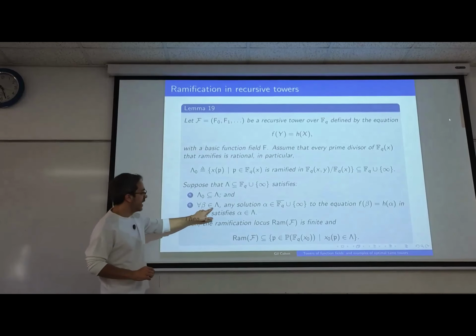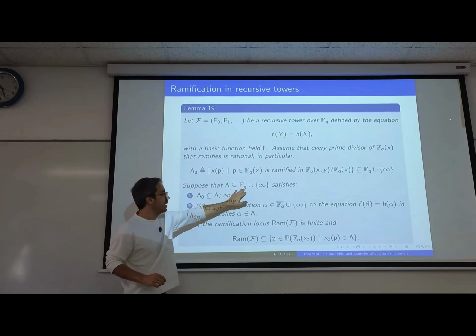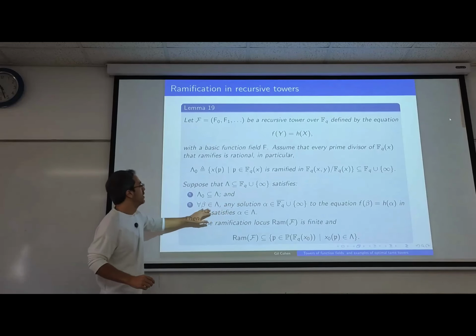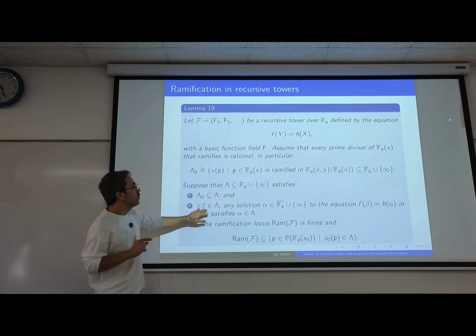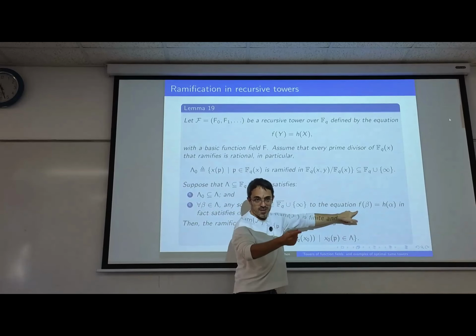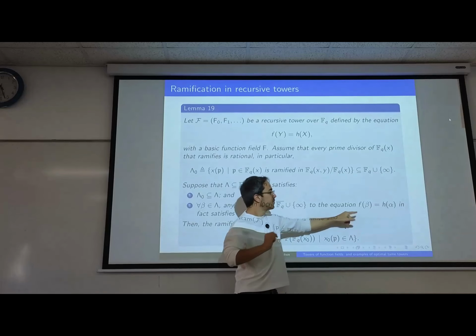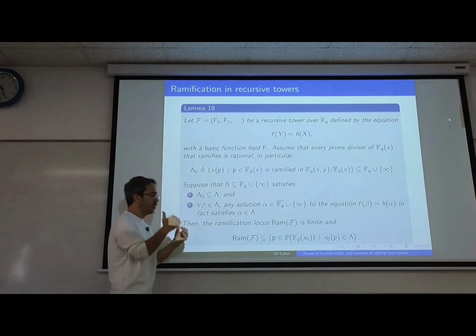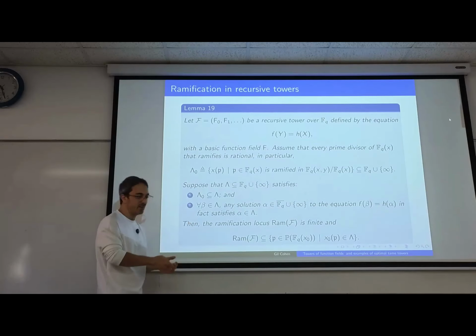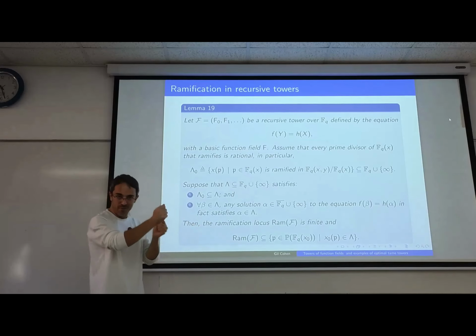So every element in lambda consists only of rational prime divisors, or elements in the base field. If you plug beta into F now, not into H as before, actually into F, and you solve for alpha the equation H of alpha equals F of beta, it's the inverse of what we did before.